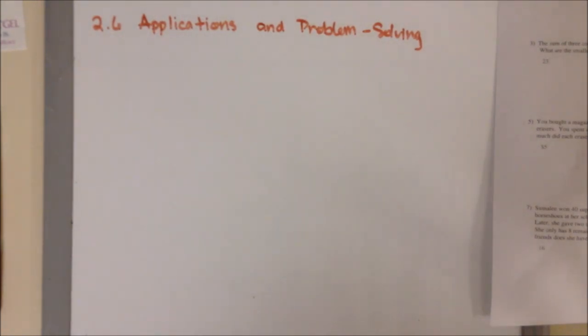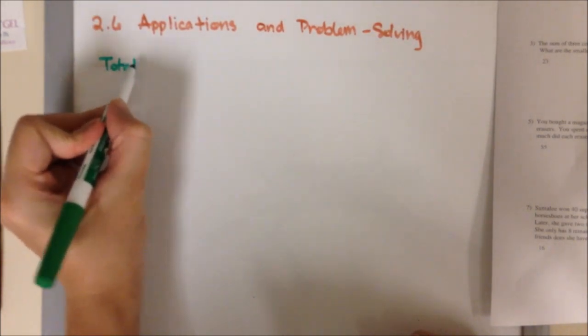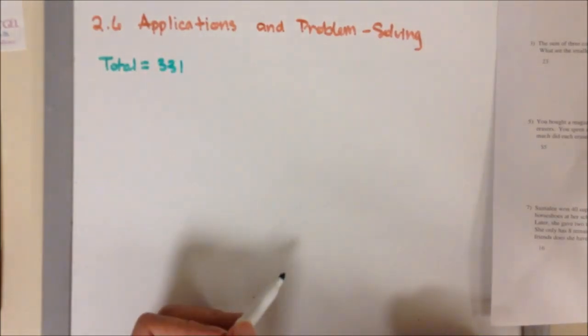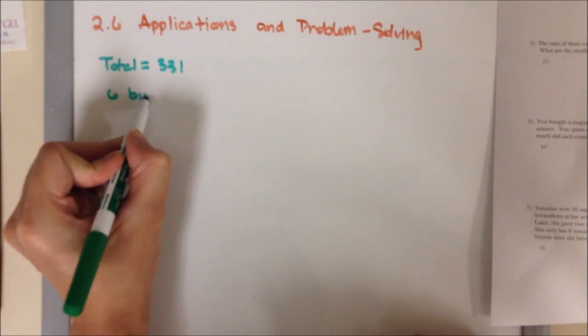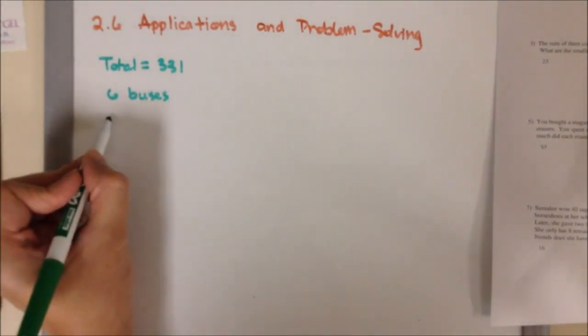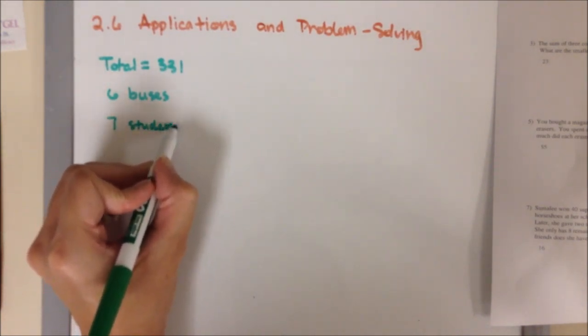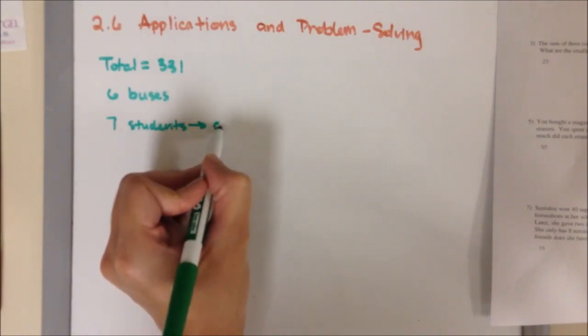Based on the word problem, we know that the total is 331 students. And we know that there were 6 buses, and 7 students travel in cars.